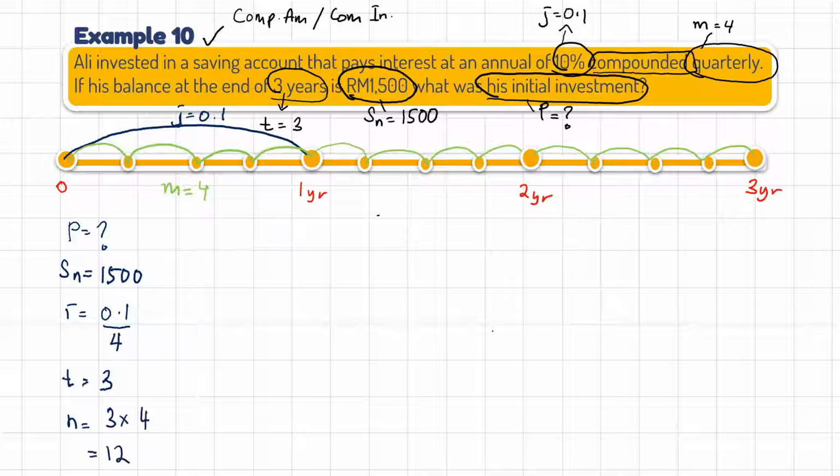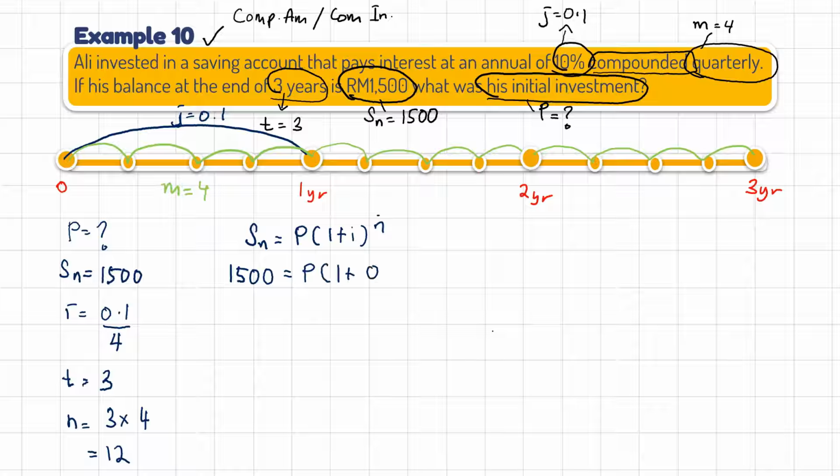The formula for compound amount is Sn equals to P(1 plus I) to the power of N. Here we already have the value of Sn, which is 1,500 ringgit. The one that we need to find is P, with (1 plus I), I is 0.1 over 4, to the power of N, which is 12.